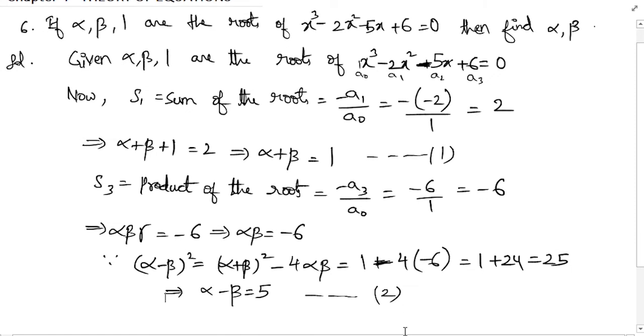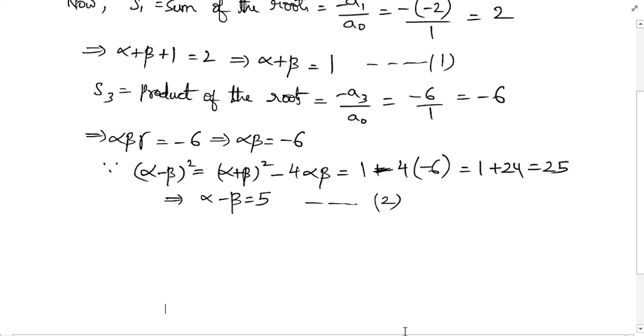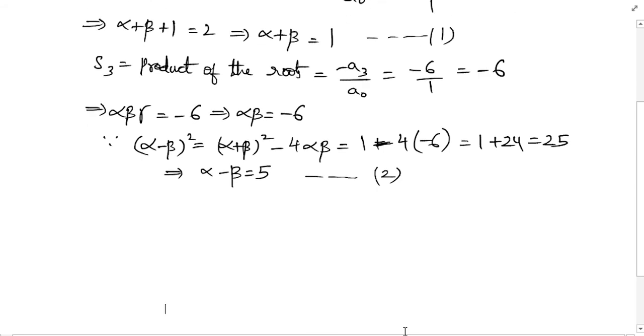So here we got the value of alpha plus beta and also the value of alpha minus beta. So now by adding 1 and 2, that is alpha plus beta plus alpha minus beta is equal to 1 plus 5.